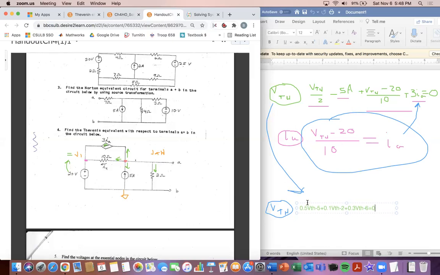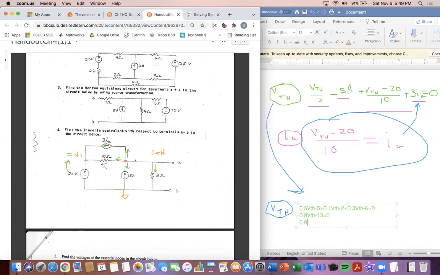So that's our equation. Now let's simplify it. 0.5 plus 0.1 is 0.6, plus 0.3 is 0.9 VThev. And then minus 5, minus 2 is -7, minus 6 is -13, equal to 0.